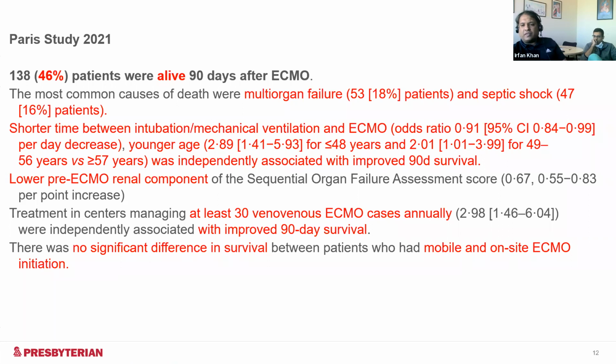Again, renal injury was essentially a bad thing. And all of these centers were managing at least 30 cases a year. So obviously, there's something that comes with experience and team training and everything. So that's something that we need to remember. Again, there was no difference in survival between patients who came from a mobile ECMO or on-site ECMO initiation.